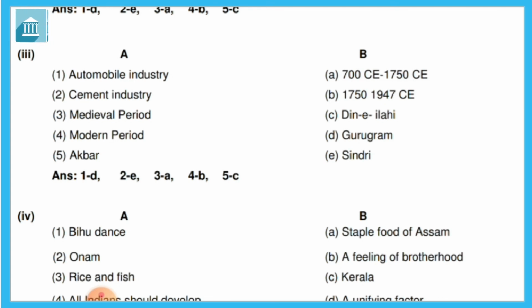CE, the full form of CE is Common Era. Modern period, so modern period is 1750 to 1947 CE. And Akbar is the Din-e-Ilahi. At that time, the kings in the Mughal Empire, Akbar introduced Din-e-Ilahi.